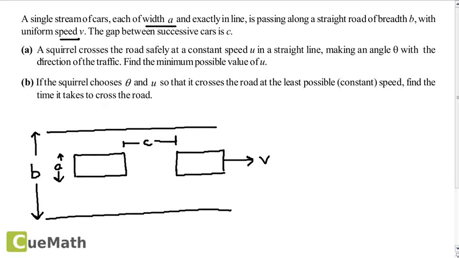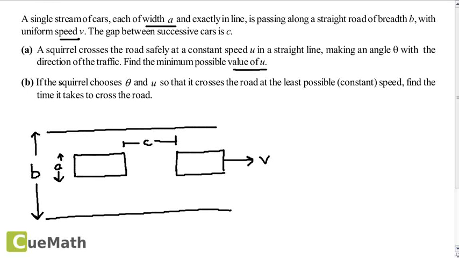Now part A is asking us, a squirrel crosses the road safely at a constant speed u in a straight line, making an angle theta with the direction of the traffic. And we are asked to find the minimum possible value of u, that is the minimum possible value of the speed of the squirrel for which it will cross the road safely.